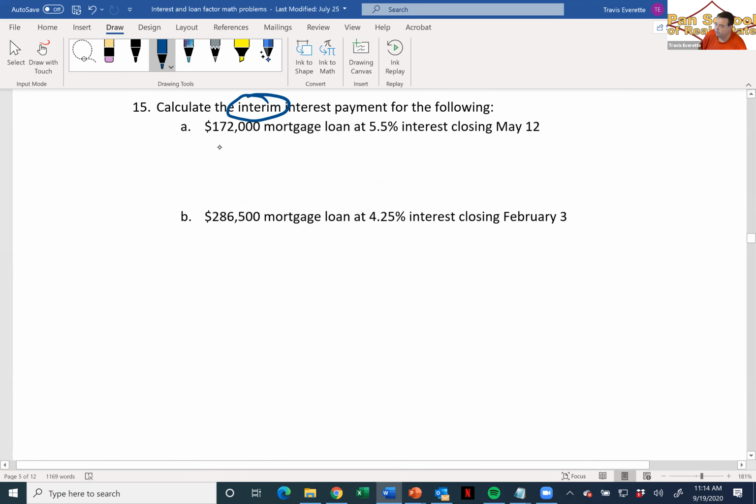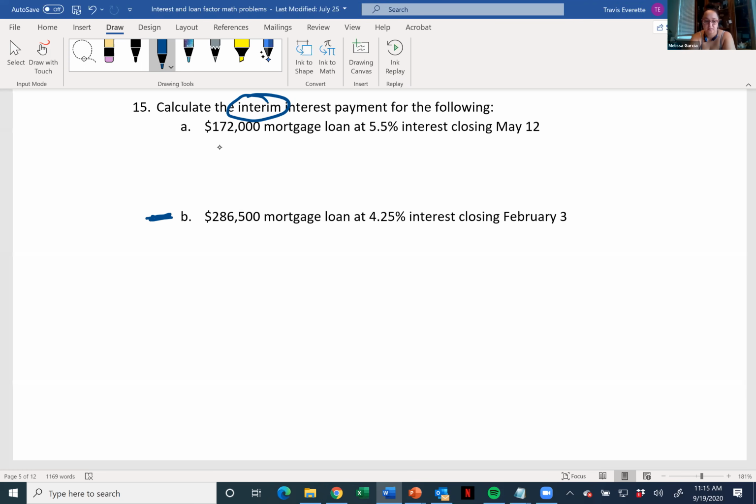That means in the future. Well, it's always a portion of a month. So if we're looking at 15B, what date is the interim interest going to start on?